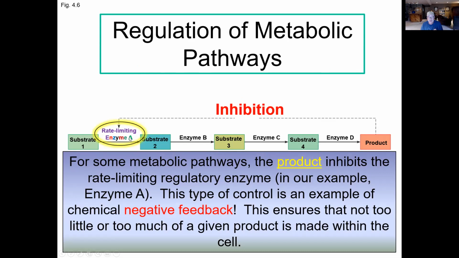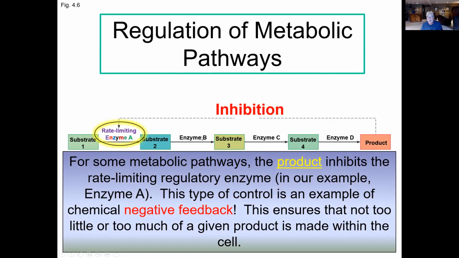If this rate-limiting enzyme converts less substrate 1 into substrate 2, what's going to happen to the level of substrate 3, 4, and ultimately the product? So it's going to go down because it's limiting the conversion. It's not allowing as much of 1 to get converted into substrate 2.